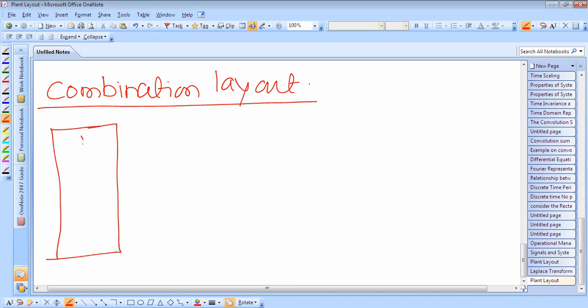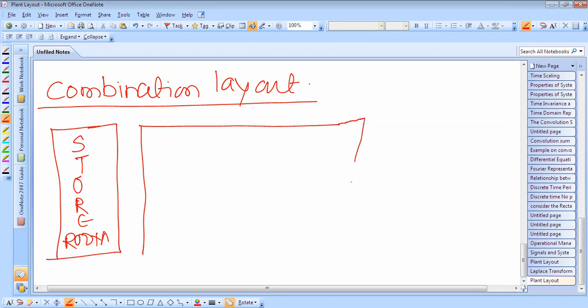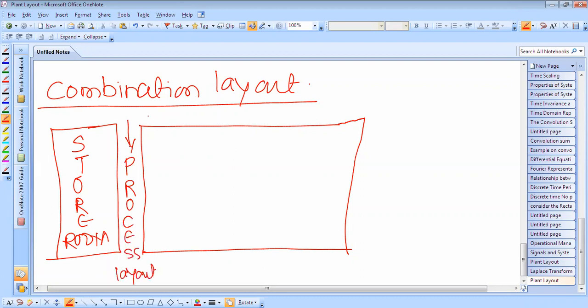So this is the storeroom. So this is the process layout and product layout.